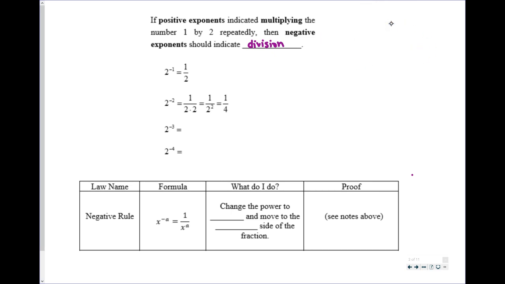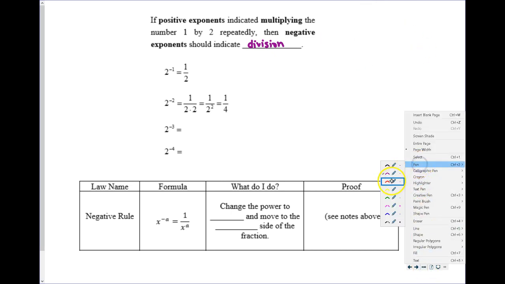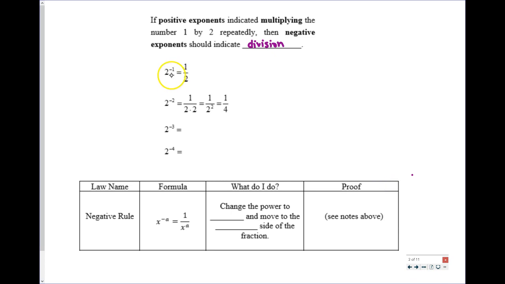So let's take a look at this pattern here. Let's explore this for a second. So for 2 to the negative 1, I'm not multiplying 2 one time, I'm dividing 2 one time. For 2 to the negative 2 power, I'm going to have 1 over 2 times 2, because I'm dividing it twice, right? So 1 over 2 squared is 1/4.